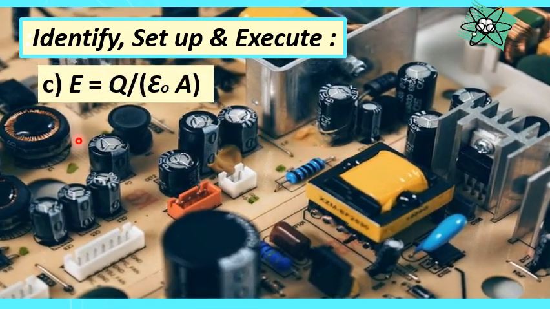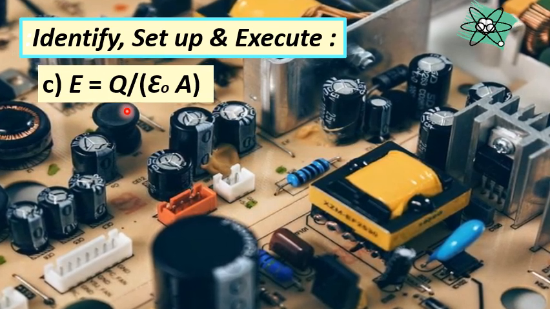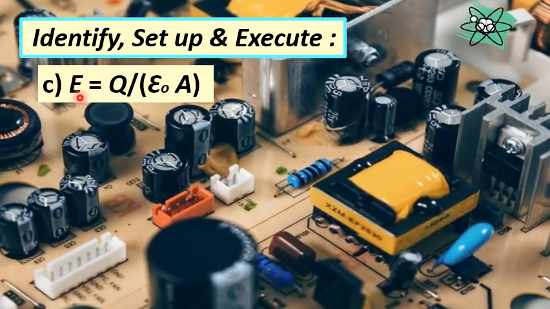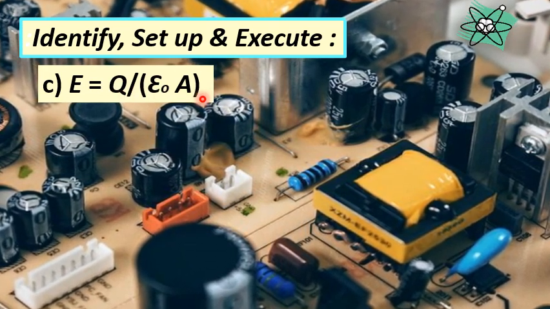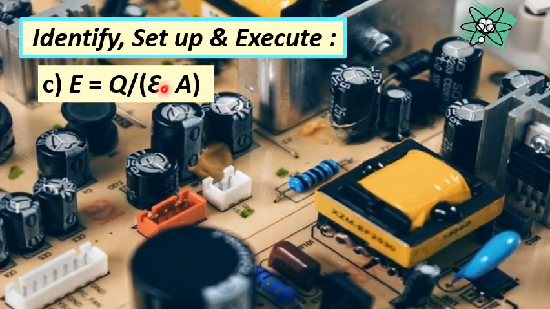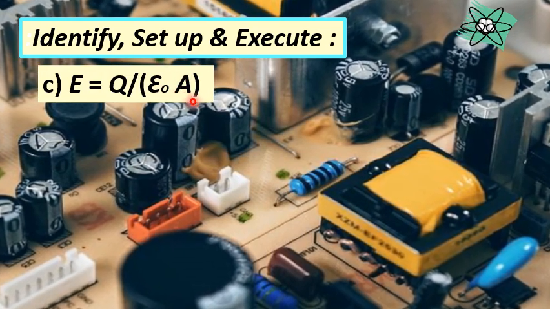And last but not the least, calculating for the value of the electric field using the formula E equals big Q divided by the product of the electric constant epsilon naught times the area of the charged plate.